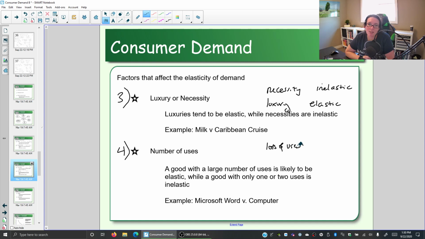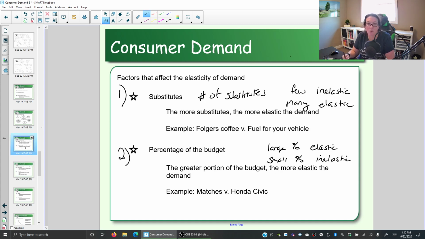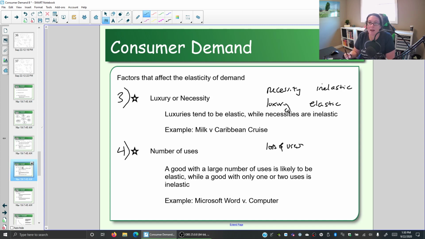So the more uses things have, the more likely that each use has an alternative. So our number of uses determinant here is closely tied with the number of substitutes, with the thought being that the more different things a product does, each of those different things probably has a substitute.